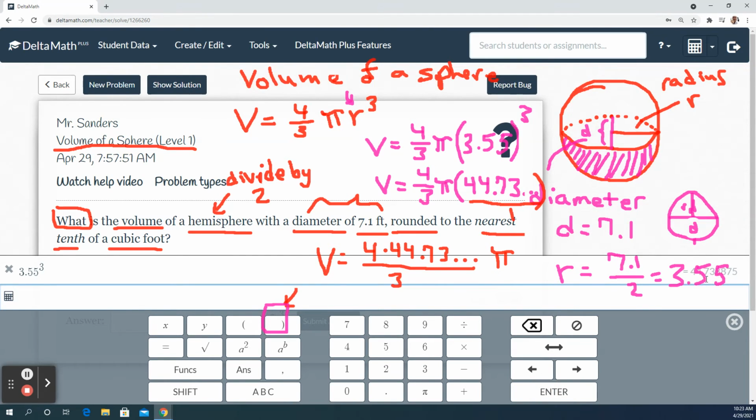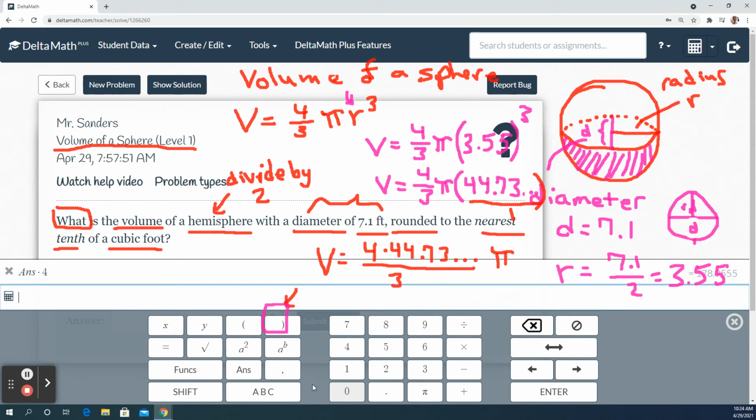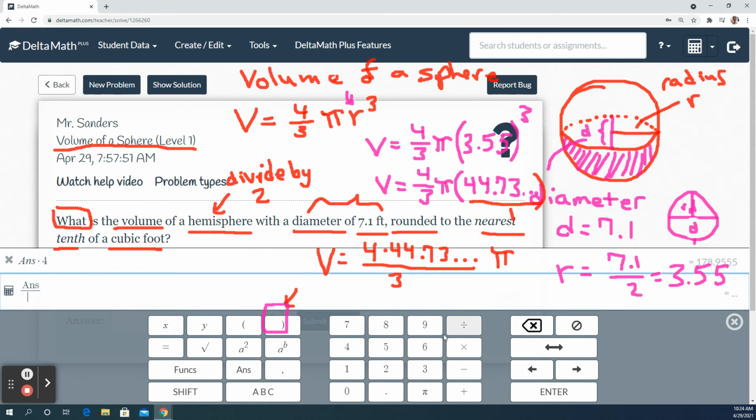So 44.73. I would take that answer times 4, enter. Now I've just multiplied it by 4, and then I'm going to divide by 3. Answer divided by 3. Enter.